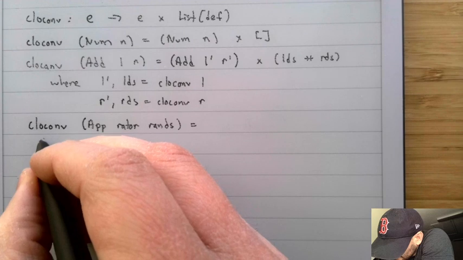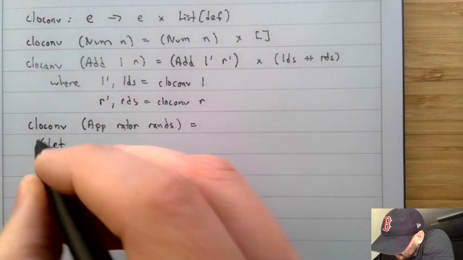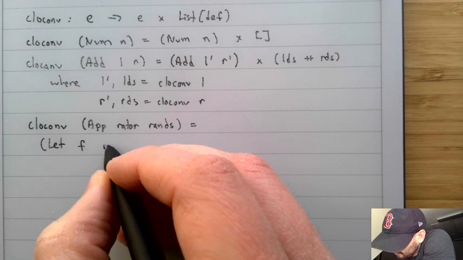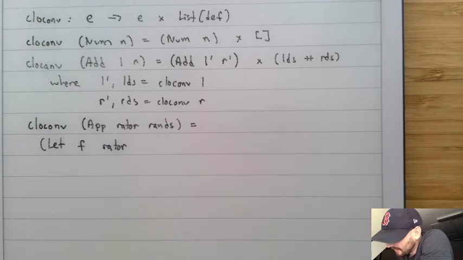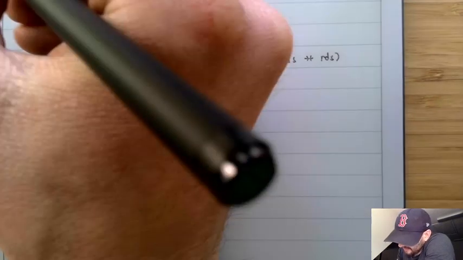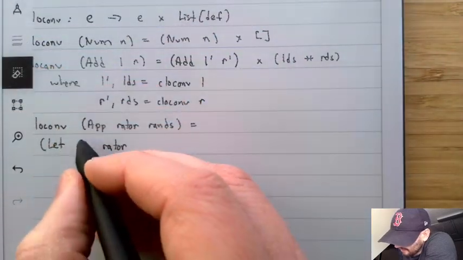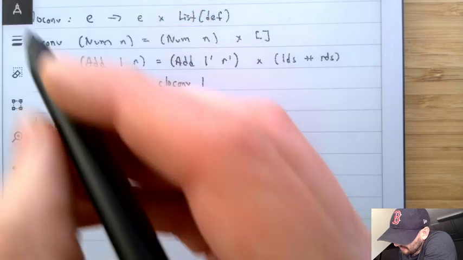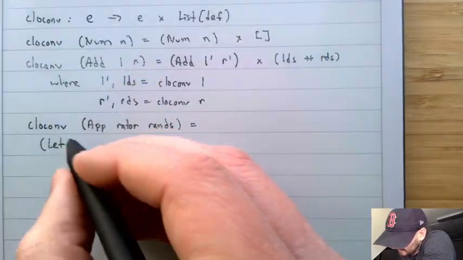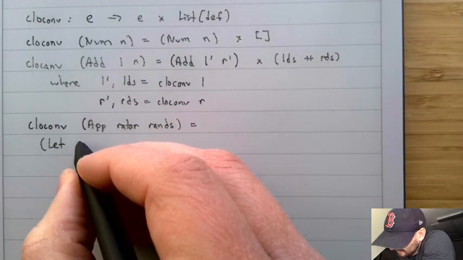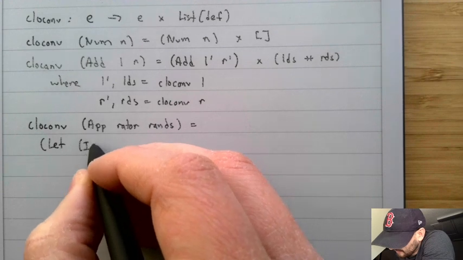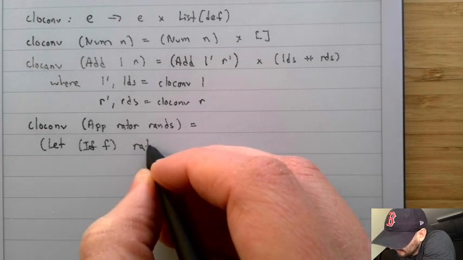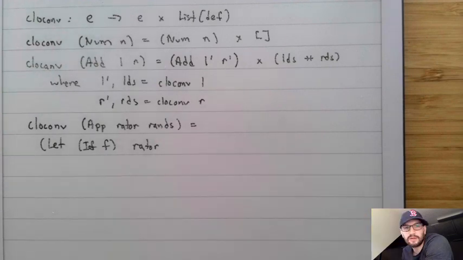So what we need to do is turn this into a let, where we'll say let f be the rator. I want to be super precise and talk about what the data structures are, so this is the identifier f. We're going to set that to be the rator. Now, what is the body?